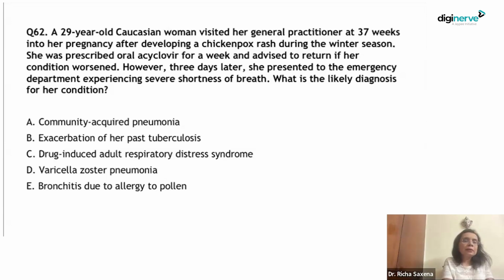What is the likely diagnosis? She probably has varicella zoster induced pneumonia. And this is one of the major reasons why you should be very, very careful with varicella zoster during pregnancy, because this may result in pneumonia, which can result in significant mortality or morbidity for the woman.